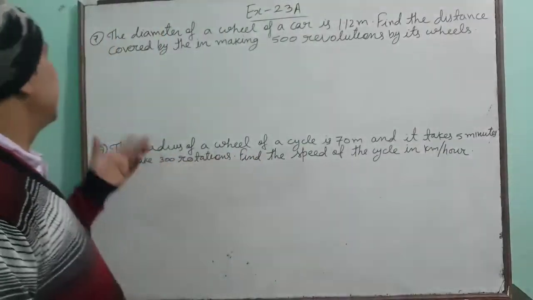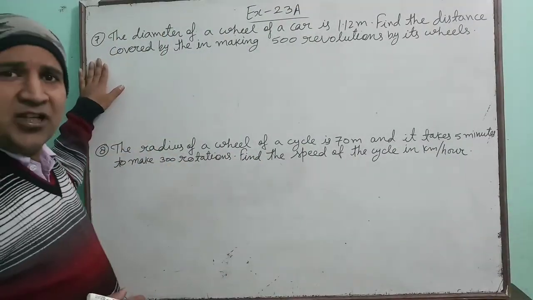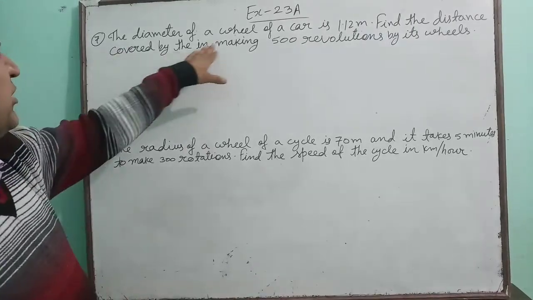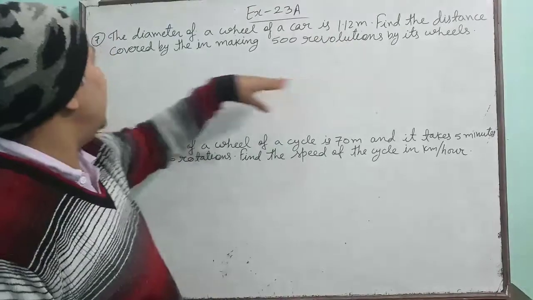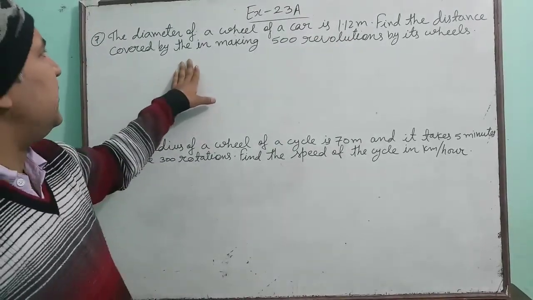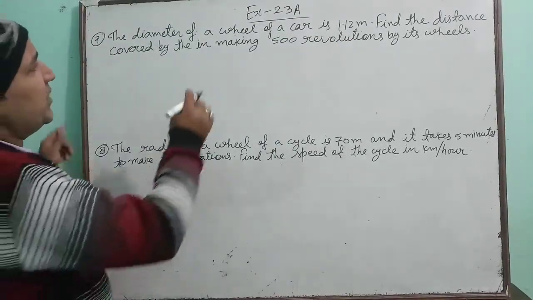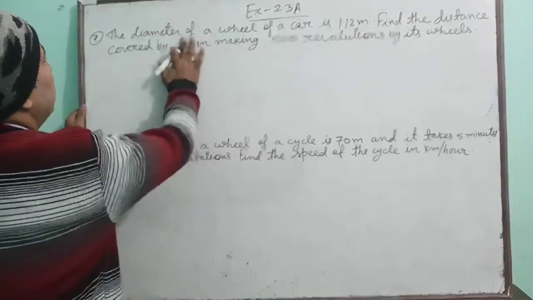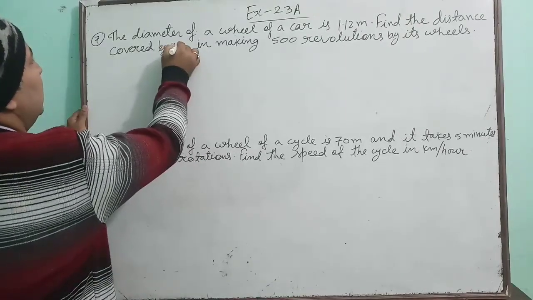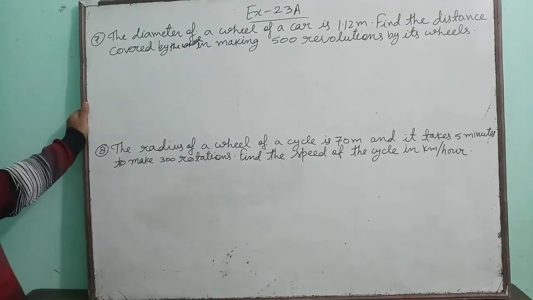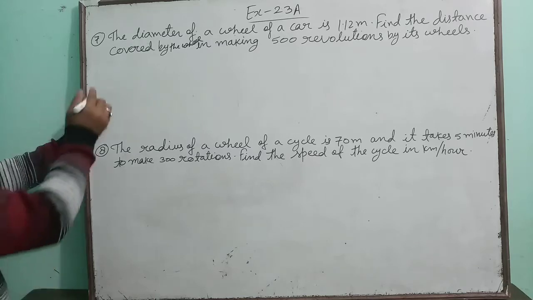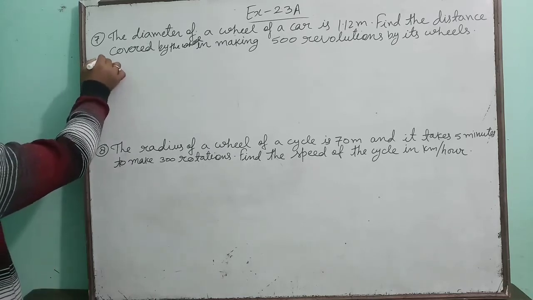So see here. The first question of the day is, the diameter of a wheel of a car is 1.12 meter. Find the distance covered by the wheel in making 500 revolutions. Okay, so see here how to solve this.